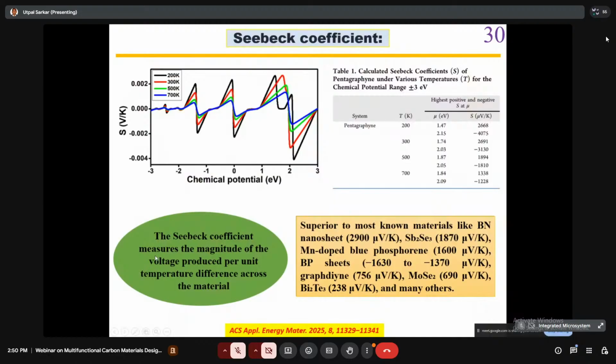The Seebeck coefficient measures the magnitude of the voltage produced per unit temperature difference. These Seebeck coefficients are superior to known two-dimensional materials like boron phosphide, etc. So in terms of Seebeck coefficient alone, this material is better than the already reported values.